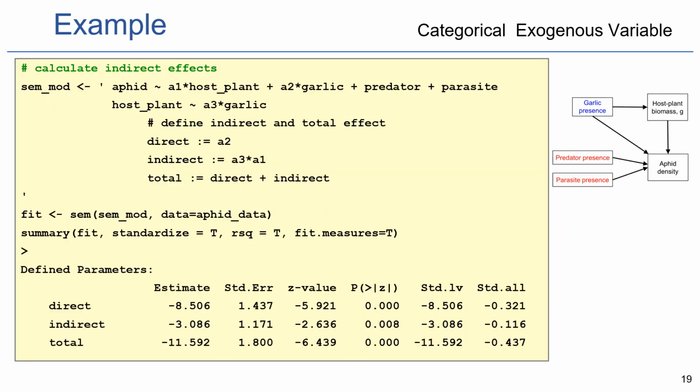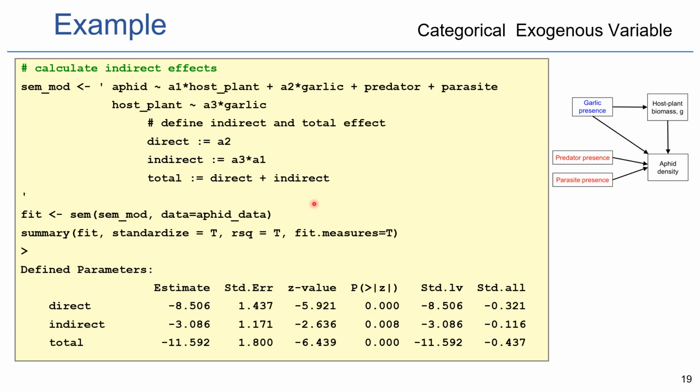In addition, our interest was whether the effect of garlic presence on aphids was only direct or also indirect, and what the total effect is. And you know already how to write the syntax for the calculation of indirect effects. So we define the coefficients for the mediator, and then we calculate direct, indirect, and total effects.